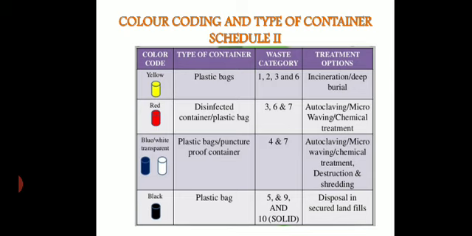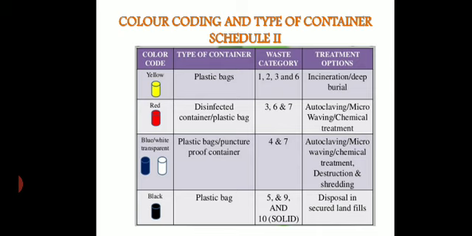So for sharp waste, the blue color or white color containers are used, that is category 4 and 7. The treatment methods we can adopt for these wastes are autoclaving, microwaving, chemical treatment, then destruction and shredding. All these are the options for treatment of the biomedical waste under categories 4 and 7.